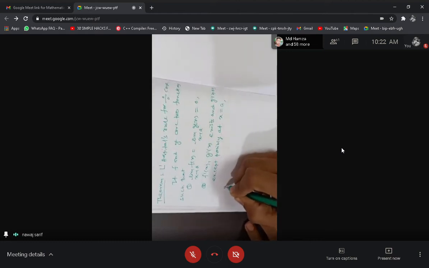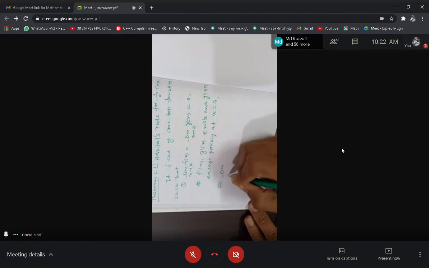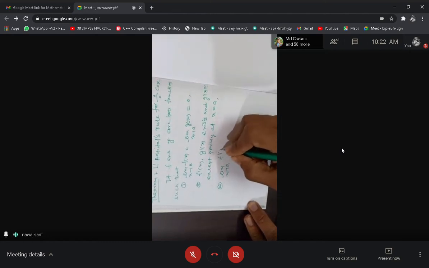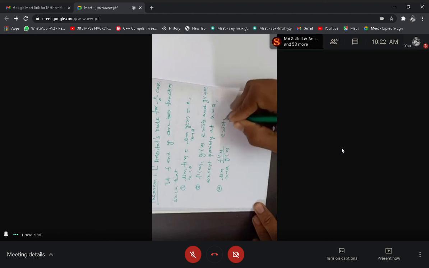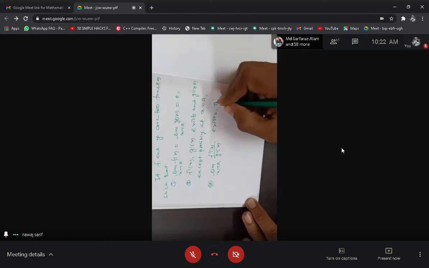And number three, limit x tending to a f dash x divided upon g dash x exist, then what will be the conclusion?